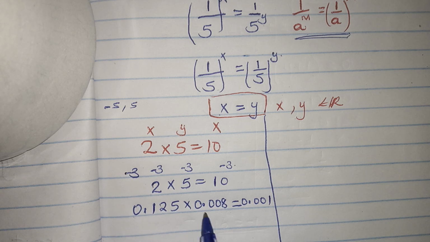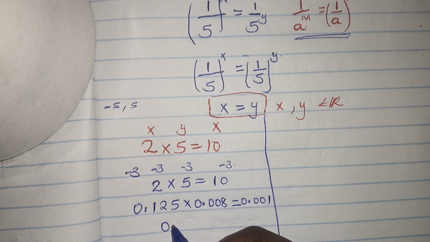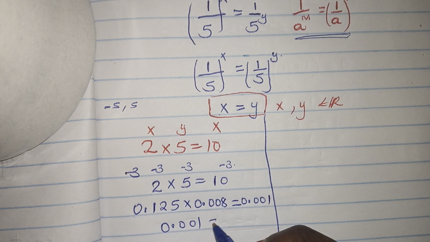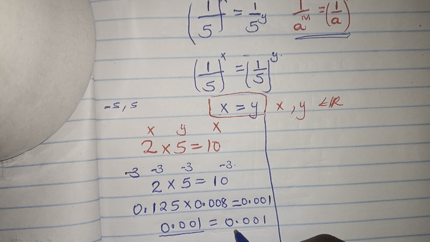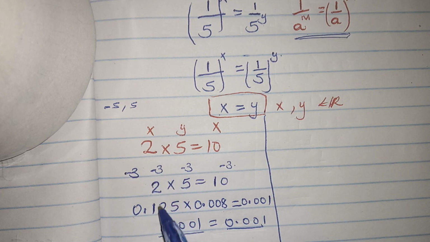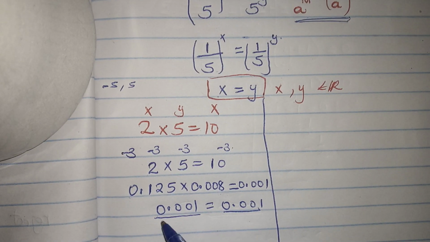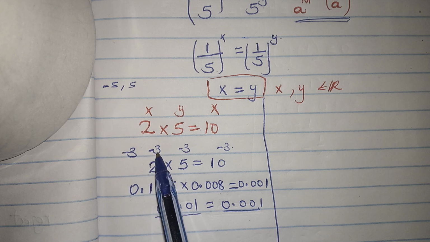So if you multiply this, you are getting 0.001 is equal to 0.001. So x equal to negative 3 and y equal to negative 3 satisfies the equation.